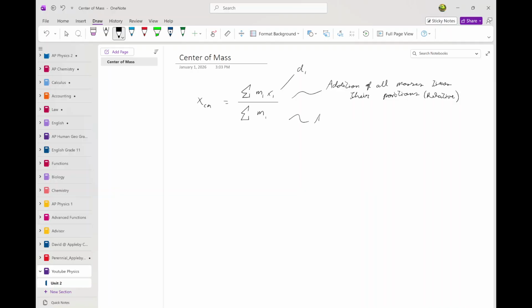And then this is the addition of all masses. So do not cancel these out. These cannot be just canceled out like that, all right?